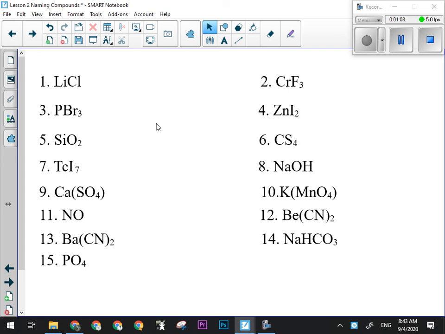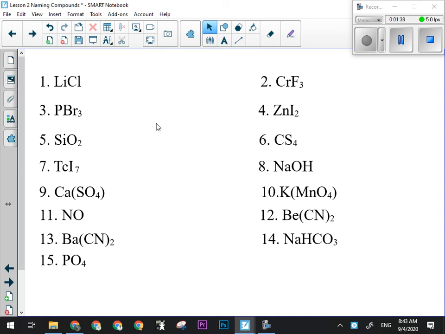So if it's ionic, do I need prefixes? No. I name the metal, I name the nonmetal. If it's ionic and I've named the metal and the nonmetal, how do I know whether it needs a Roman numeral? If I look on my periodic table and I see that the metal has more than one possible charge, then I have to determine, using the rules we learned yesterday, which Roman numeral it would require.